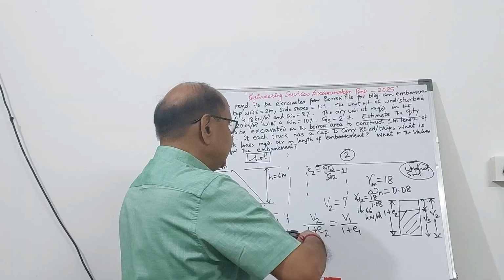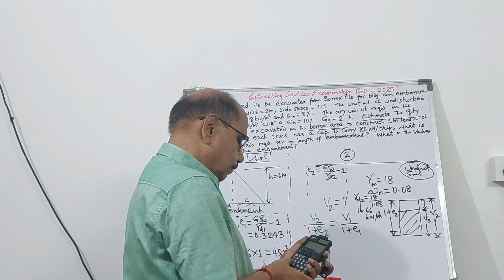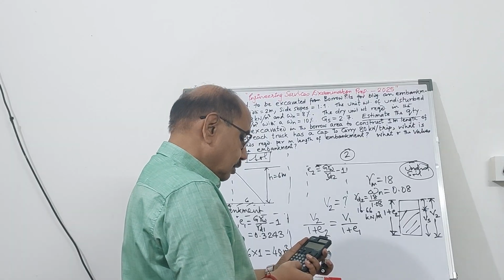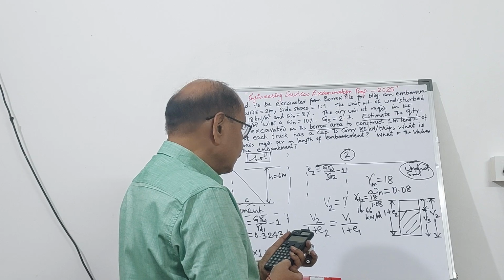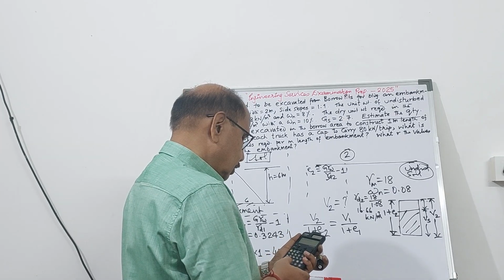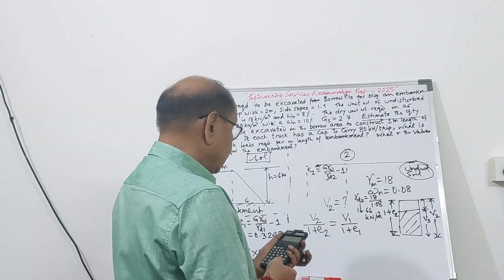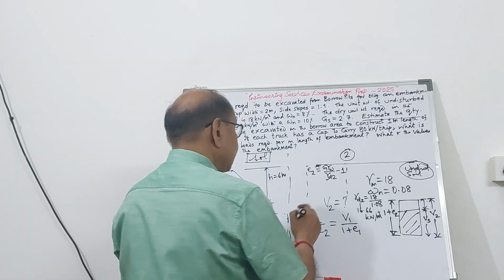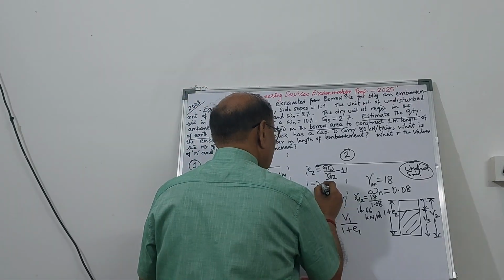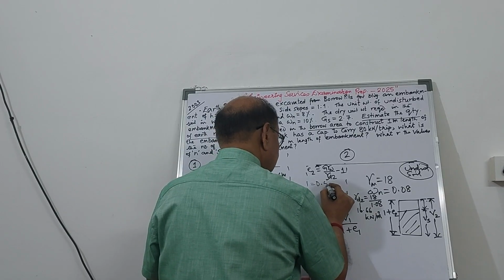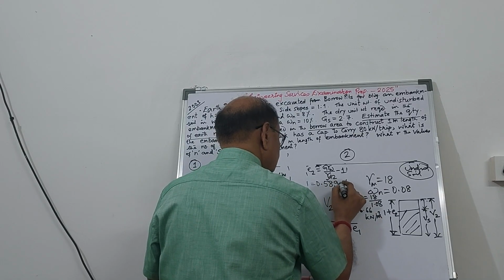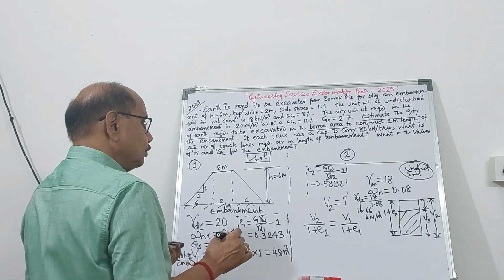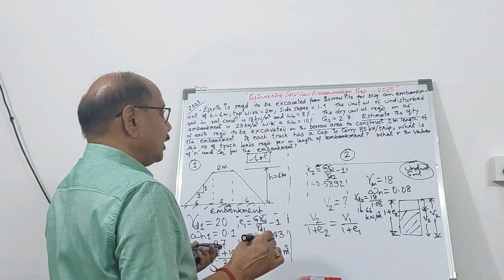Now if you calculate, G equal to 2.7 into 9.81 divided by 16.66, this is 0.5892. So this is the value of E2 for the borrow area.